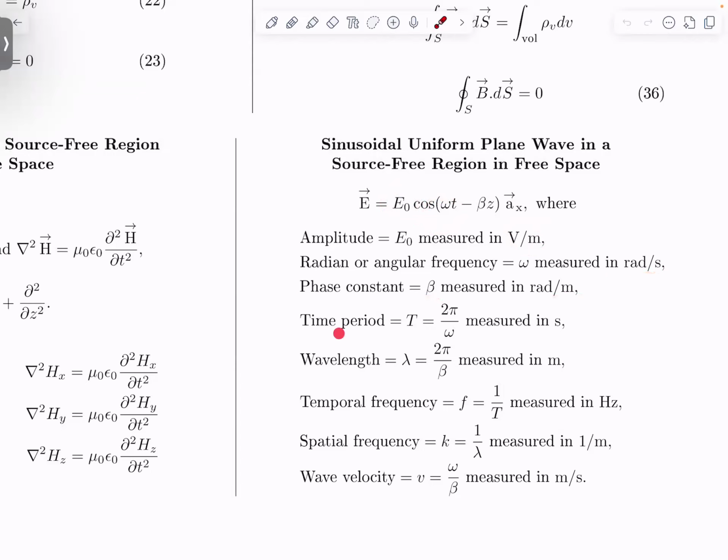Right, so that gives us dz by dt equals omega by beta, which is what we denote by V. This is the wave velocity. Okay, any question?